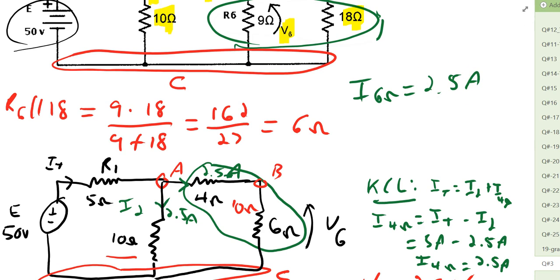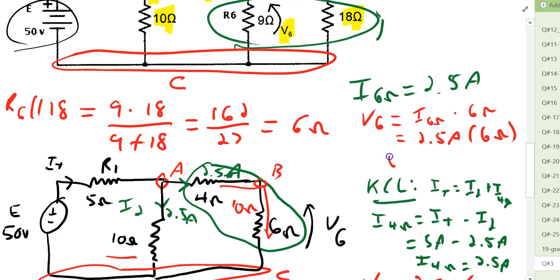That allows us then to say that the current that flows through this branch at 2.5 amps means that V6 is equal to the current I6 ohm times, of course, the 6 ohm value, or 2.5 amps multiplied by 6 ohms, and that V6 then is equal to 15 volts. And that was the answer actually to part D.